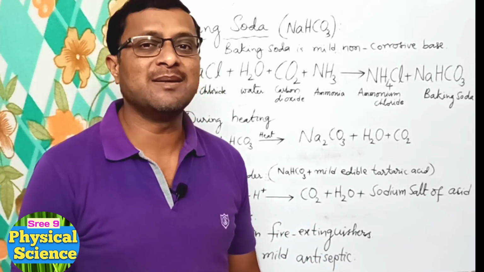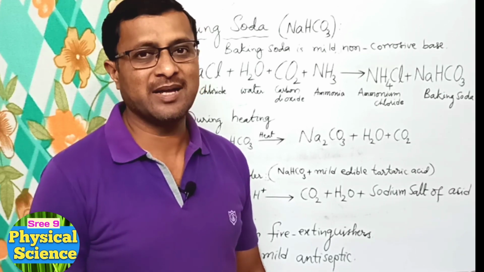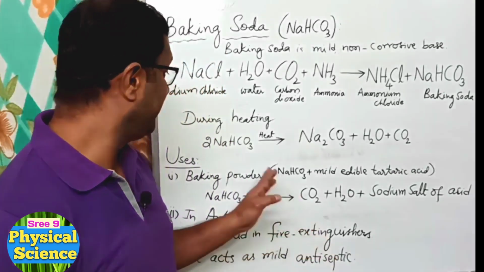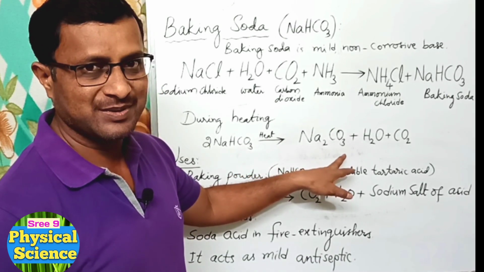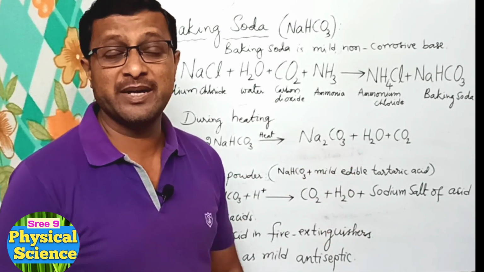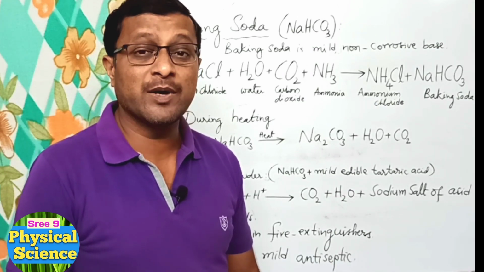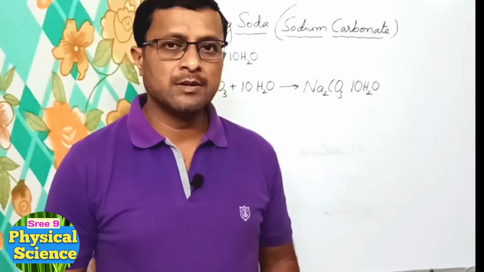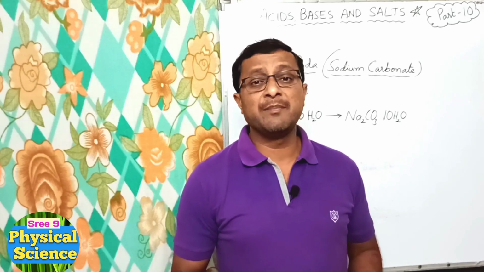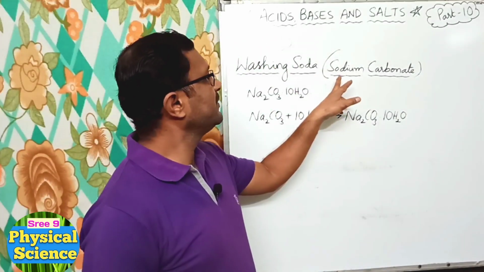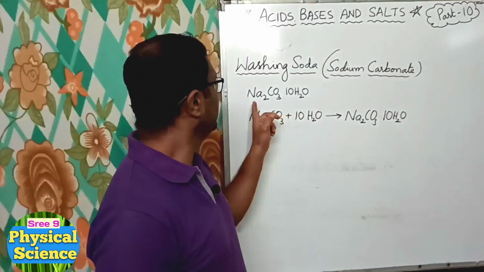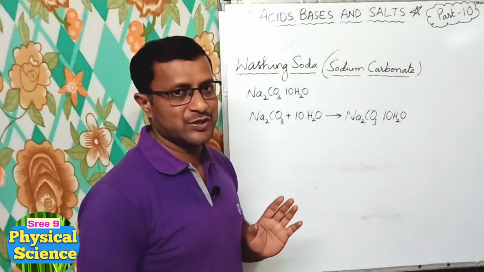Now next, learn about washing soda, that is sodium carbonate. Here we have seen that when sodium bicarbonate is heated, sodium carbonate is produced. Let us see how sodium carbonate is prepared and what are the uses. Another chemical that can be obtained from sodium chloride is washing soda, that is sodium carbonate, Na2CO3 10H2O.